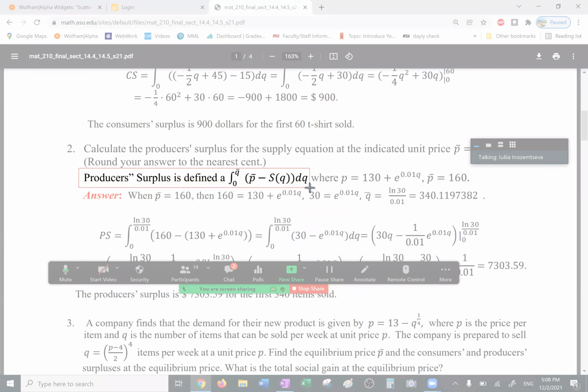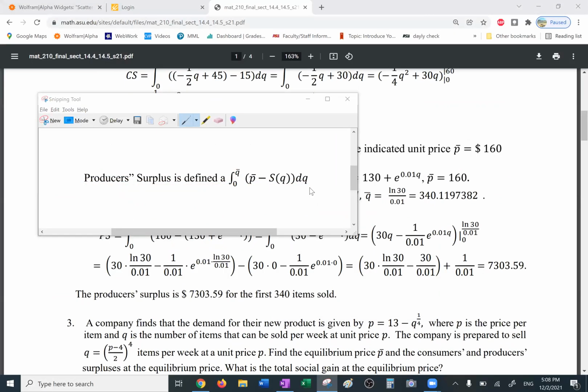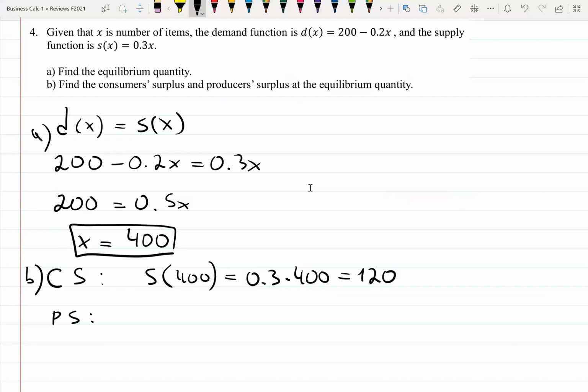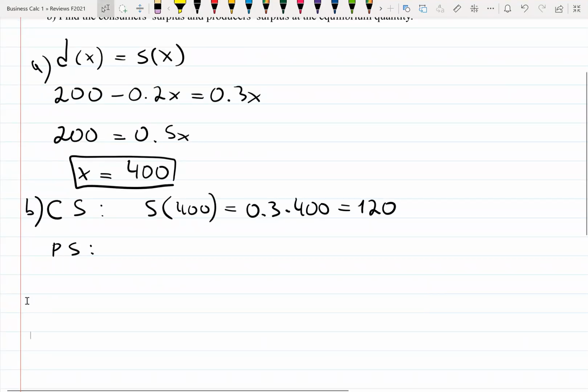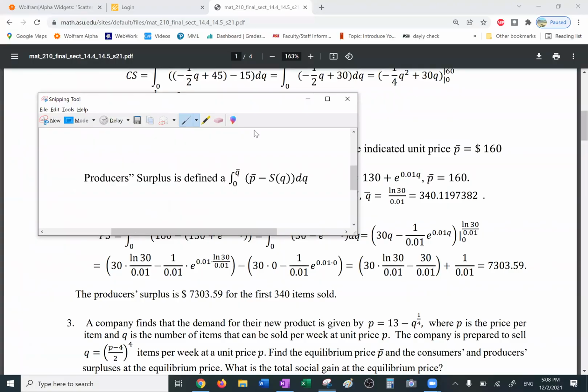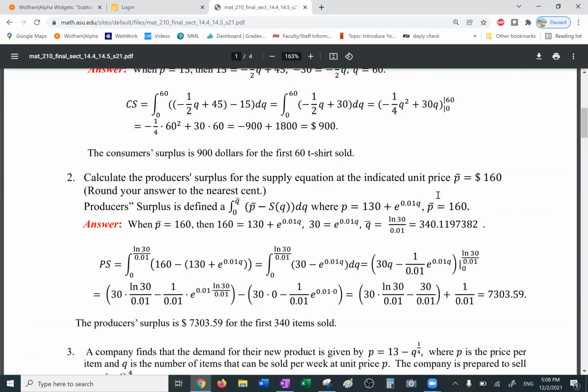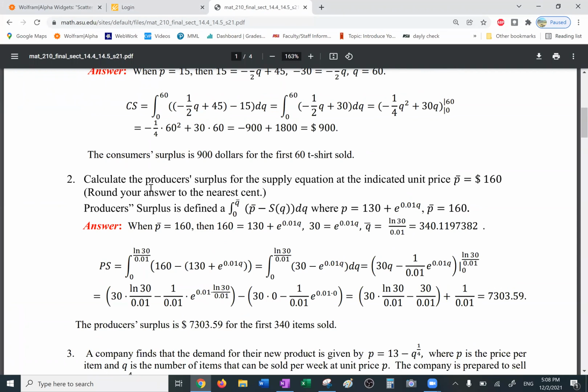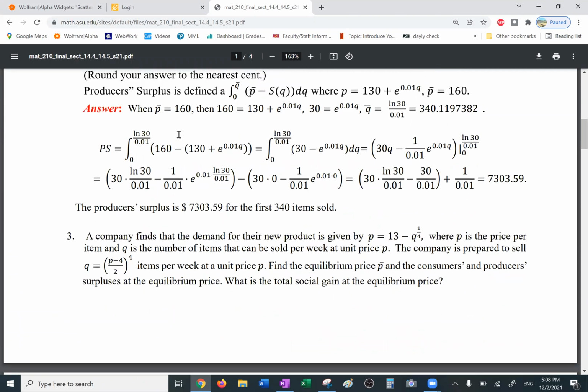Producer surplus is defined as the integral. Maybe it will allow me to plug. Oh, nice. So let's build the integral. We need to find P first. We found the P by plugging in right now, right? So that was my price.